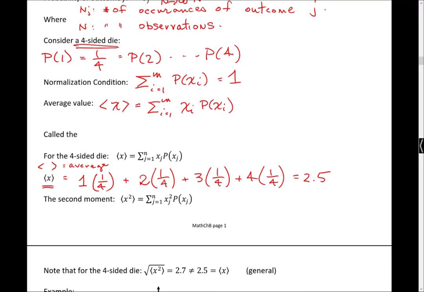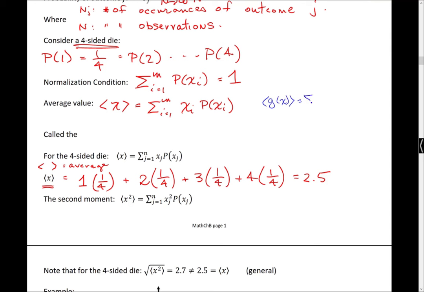All right? So if I'm interested in the average value of something that's a function of x, I'm going to use the probability. I'm going to sum over all the probabilities, and I need to multiply it by whatever that function is. Does that make sense also? Right? That's pretty critical to remember. Right?